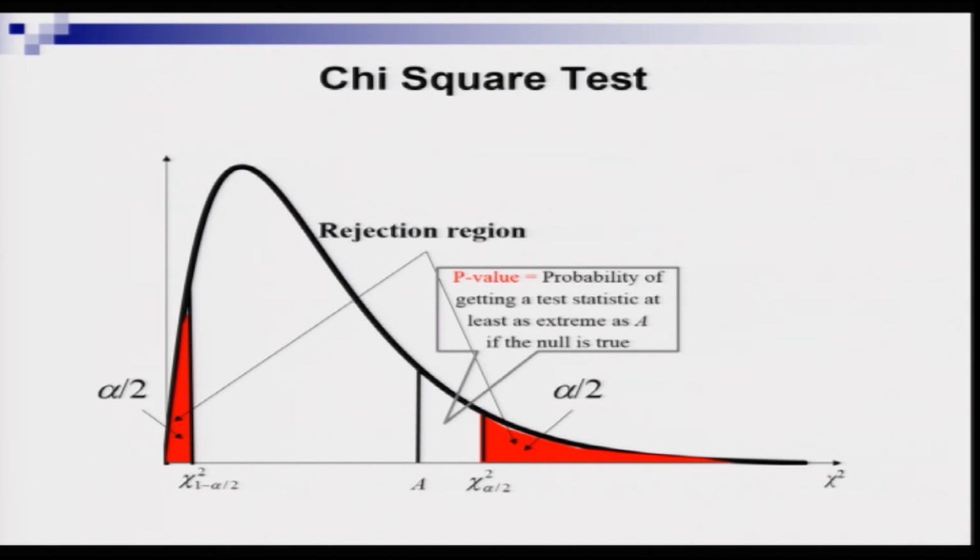And if this probability value, or the mass or density, whatever you want to call it, is higher than the prefixed level of significance alpha, then you fail to reject the null hypothesis. And if the p-value is less than the previously fixed alpha value, then you reject the null hypothesis. So, that is basically the working of the chi-square test under the p-value method.